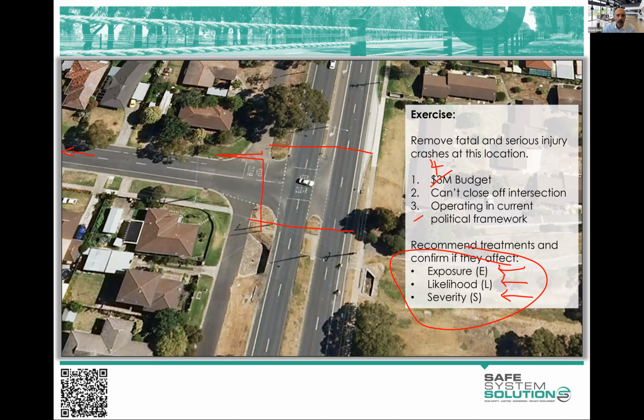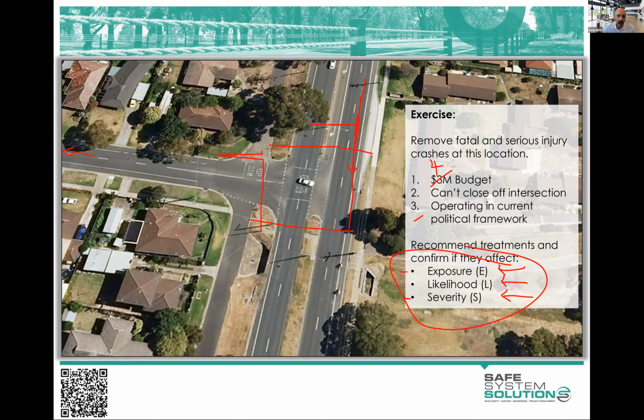But no, what we say is that certainly there's some people that will slow down but still crash, and there'll be a less severe crash. But we are concerned with the ones that go through just at the speed that they were going, and the angles are the same, and speed and angle, so the severity will be the same. And exposure, because that's the number of people, the same number of people are using this intersection.